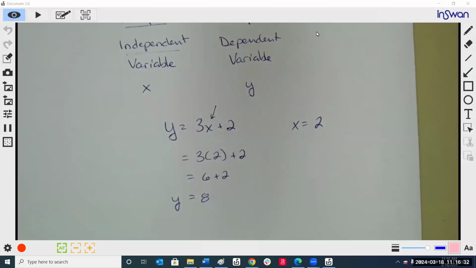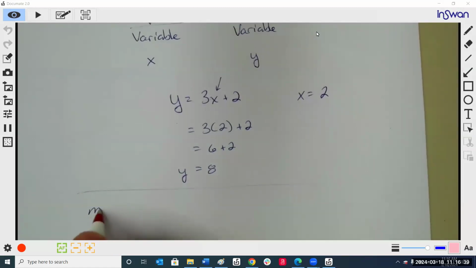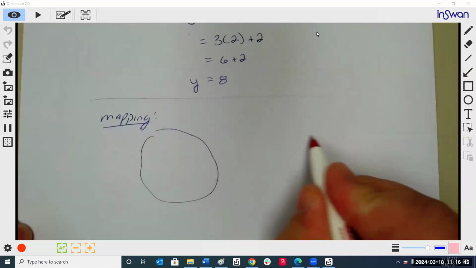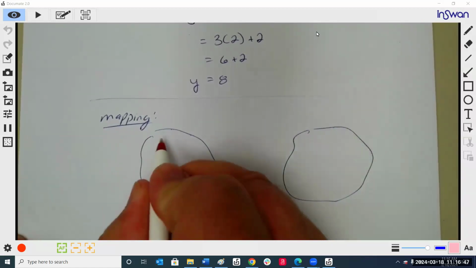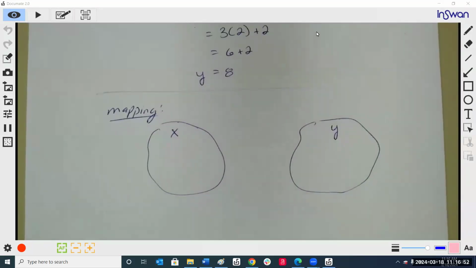Now, we have a couple of ways of looking at this, called mappings. You have your x values and your y values.